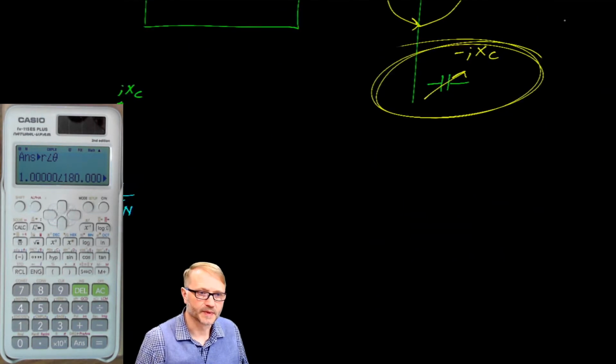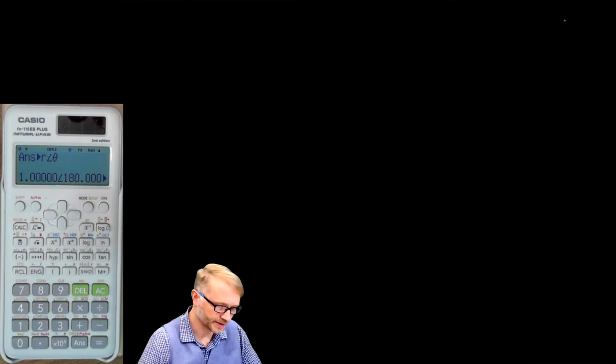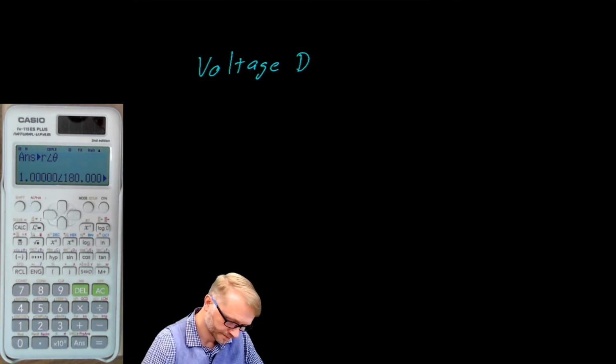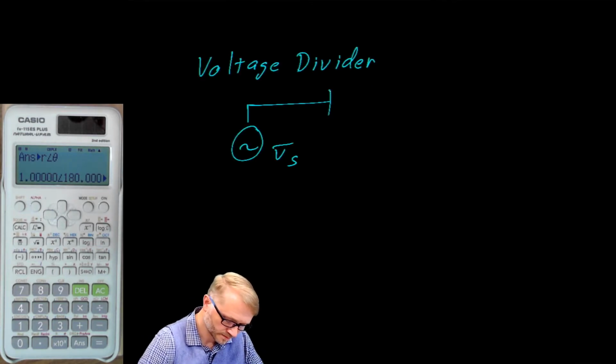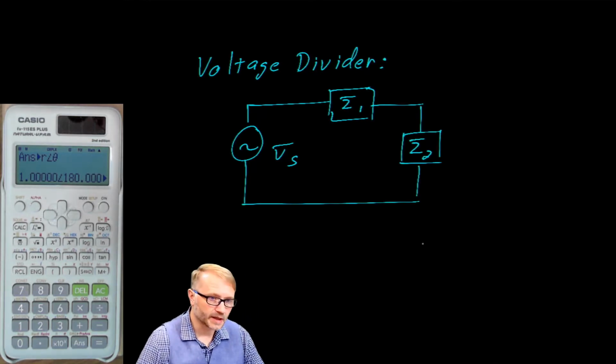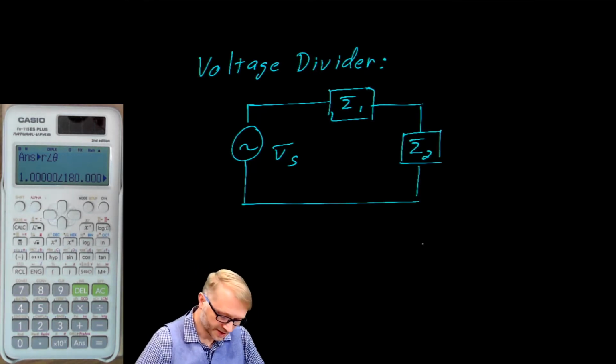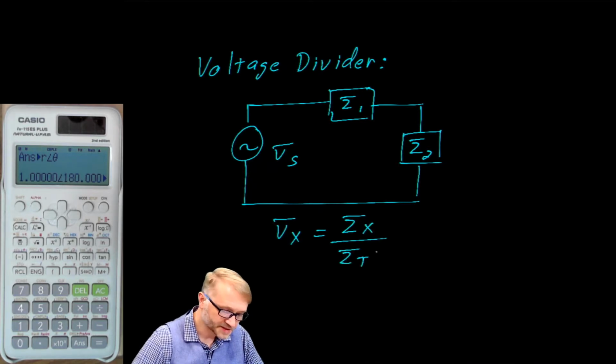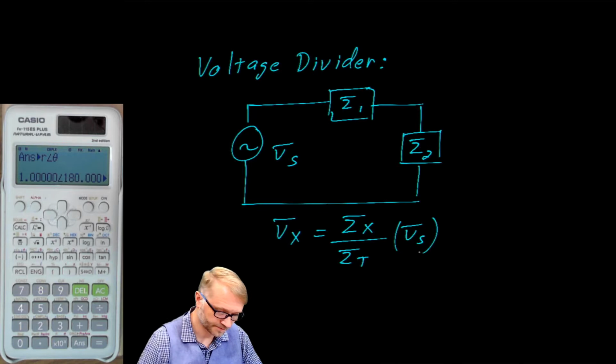Moving on, let's talk about the voltage divider. Given a series circuit, the voltage of interest is equal to the impedance of interest over the total series impedance, all multiplied by the source vector.